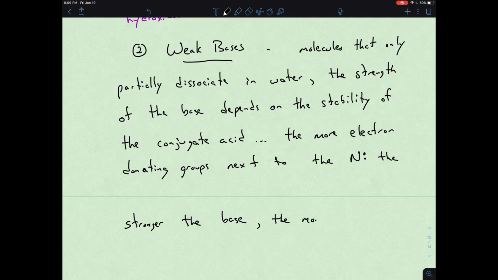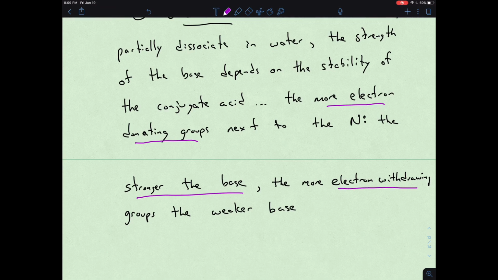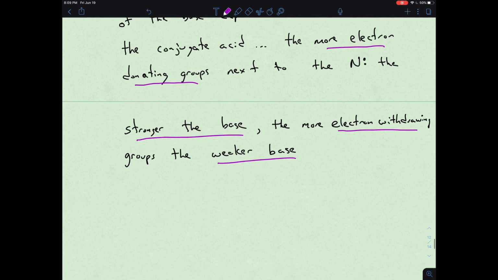The more electron withdrawing groups, the weaker the base. So it's actually the opposite of what we find with our acids. We really want more electron donating groups to have the stronger base, while withdrawing groups produce a weaker base.